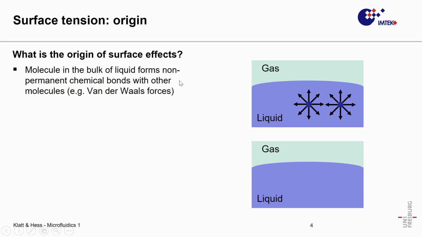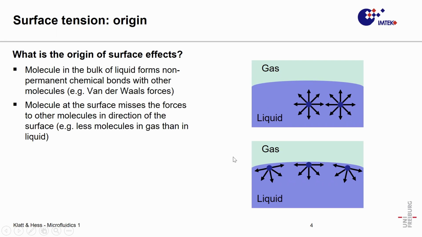So let's first look at molecules that are far away from the interface between gas and liquid. The molecules far away interact with each other, and every partner molecule is another liquid molecule. And that's why those molecules are in balance with their surroundings.